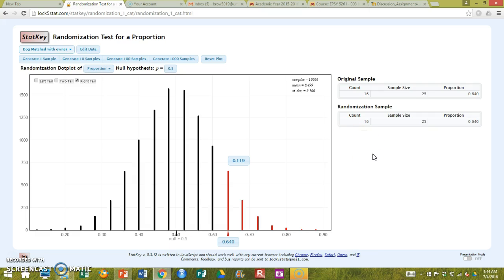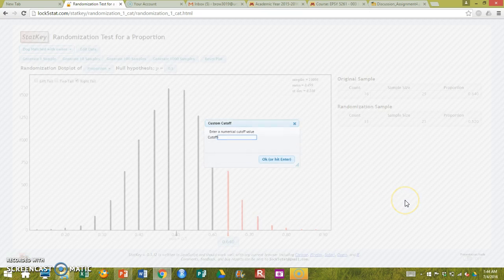How likely is it to get 72% or 0.72 as a proportion, assuming that just random fluctuations, just random chance is at play in our world? Well, we already have the randomization distribution under the null hypothesis that we care about. So let's just plug in our hypothetical value of 0.72.